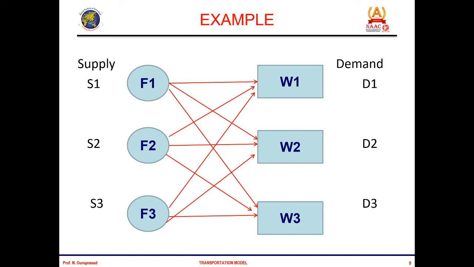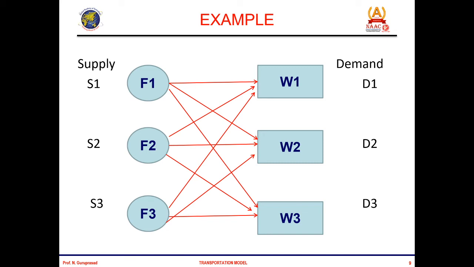It does not matter. On the other hand, when you look at warehouse 1, the demand is D1, right? Now, warehouse 1 can take the products from factory 1, from factory 2, or from factory 3. At any given point of time, warehouse 1 can take the products from any of the factories, that does not matter, but the total demand should be D1, right?